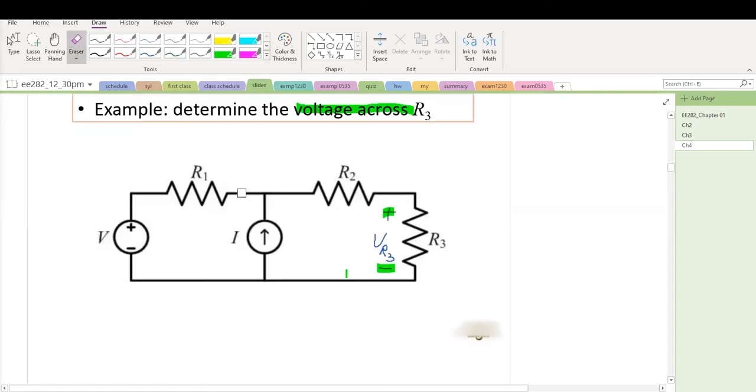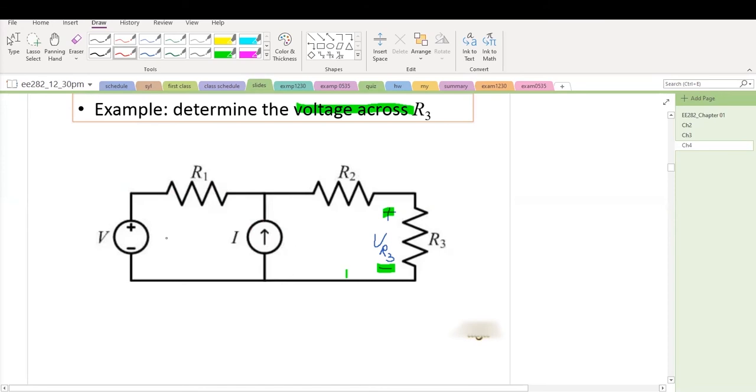This is an example where we apply the superposition theorem, and how we can utilize the source transformation to obtain the voltage VR3. First of all, we want to recognize whether there is any voltage source in series with a resistor, or any current source in parallel with a resistor.